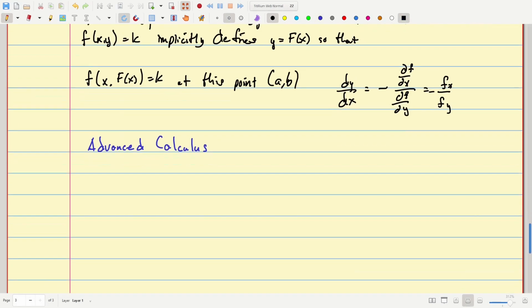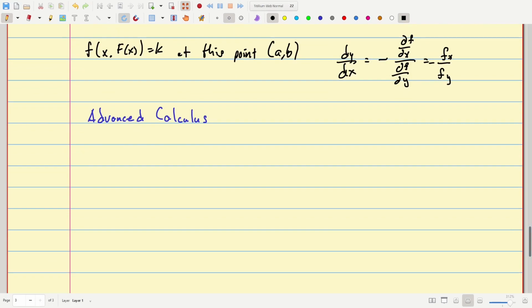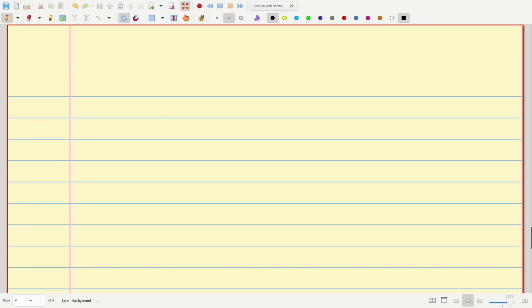Anyway, let's talk briefly about the next section so that we get a little bit of a head start on our forthcoming class. So this is a brief preview of section 14.6.